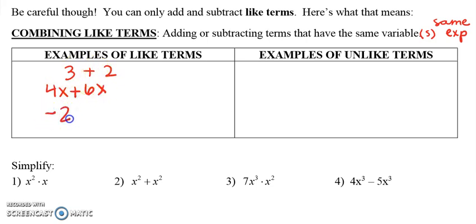So I could do negative 2xy plus 4xy because they have the same letters, the same variables with the same exponents, both a 1. You could also do, let's see if I could squeeze one more in here. So we could do negative 8x squared z minus 5x squared z. Those are also like terms because they have the same variables with the same exponents.